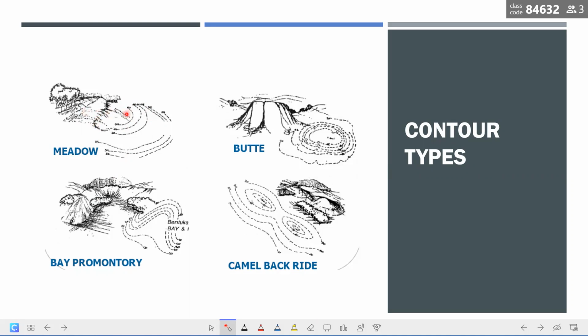So a meadow with a relatively flat land formation. You can see the distance between each contour line is quite far apart, actually.